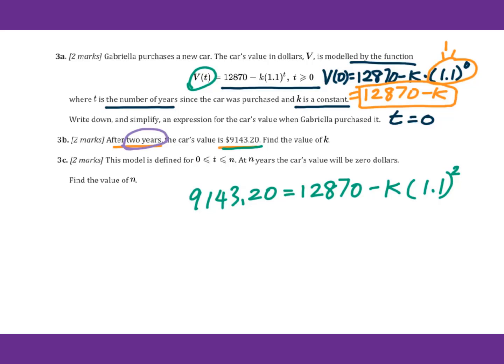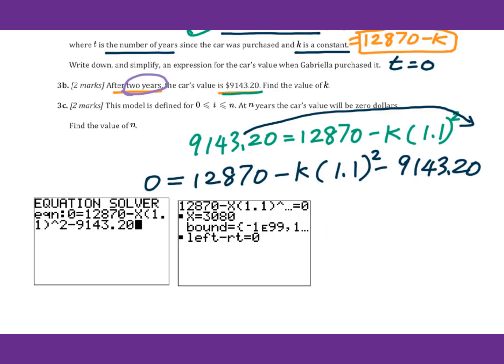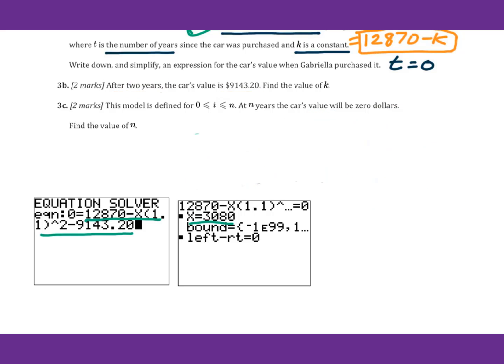Let's go to equation solver. That's why we move this to the right side. You will get here it's 0, 12870 minus k times 1.1 squared minus 9143.20. You will plug in like this into the equation solver. Then you can get k equals 3080.